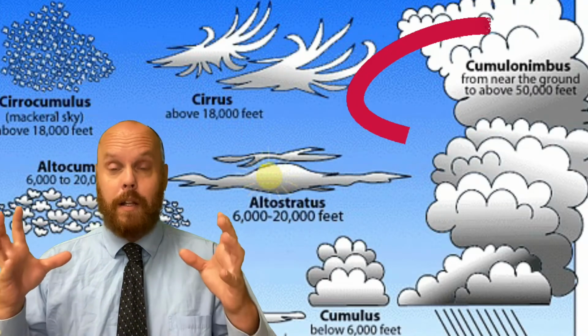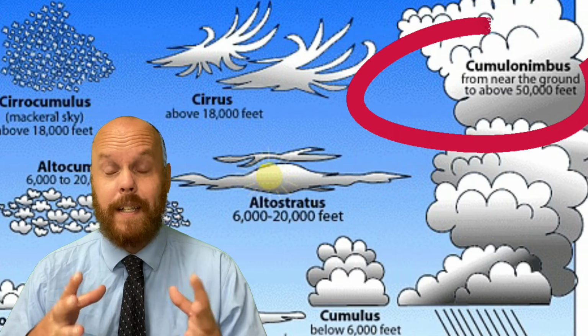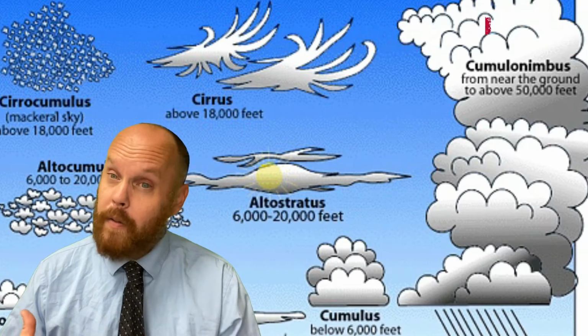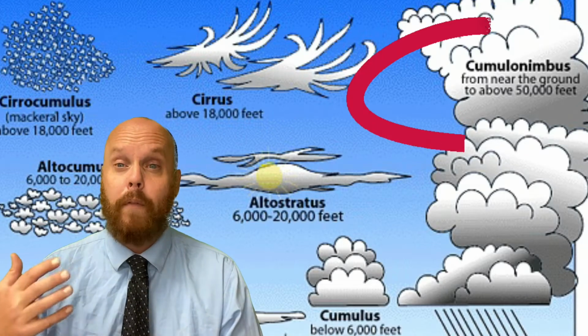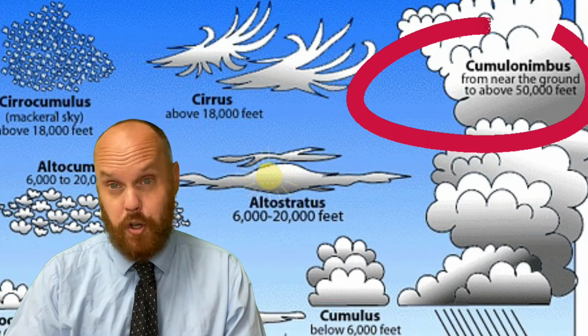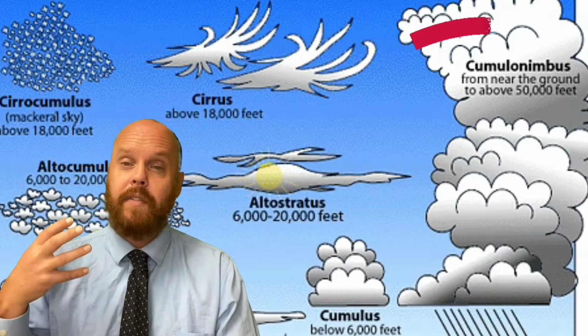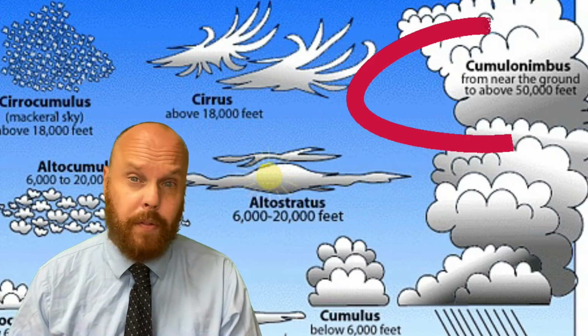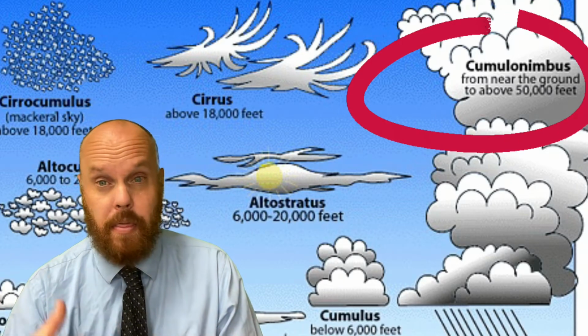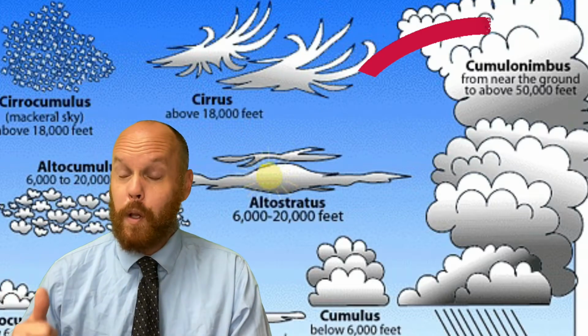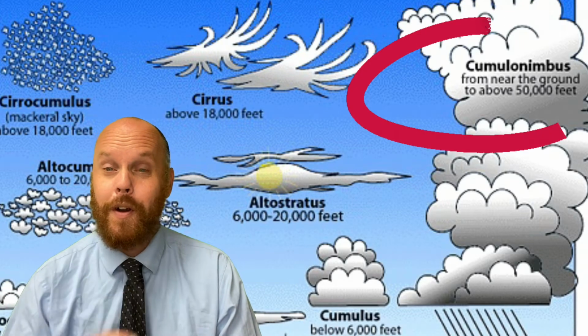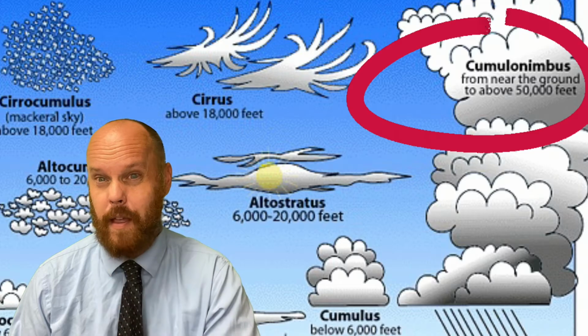Cumulonimbus are cumulus clouds that join together to form bigger clouds. Now, oftentimes these clouds will result in thunderstorms, where we'll have these storm clouds that bring heavy rains, sometimes lightning and thunder. Now, we can thank cumulonimbus for that precipitation and that storm.